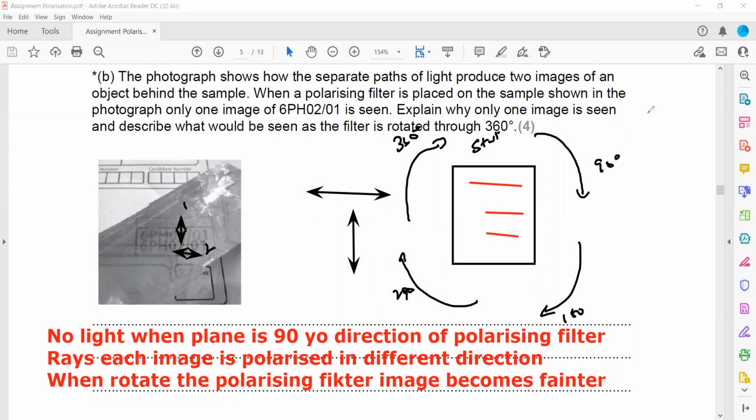We have image 1 and image 2 and the angle of rotation theta. I should write theta first because that is what we do. So for example theta, the angle. In the beginning, the angle is 0.